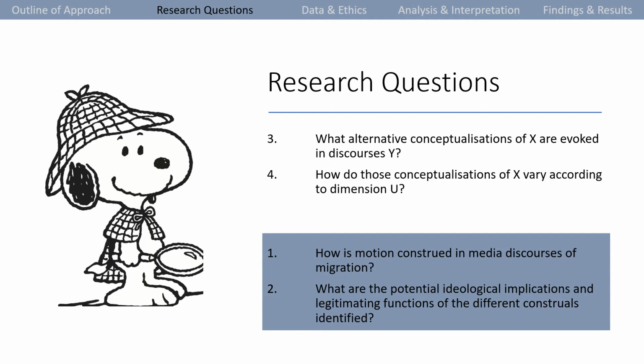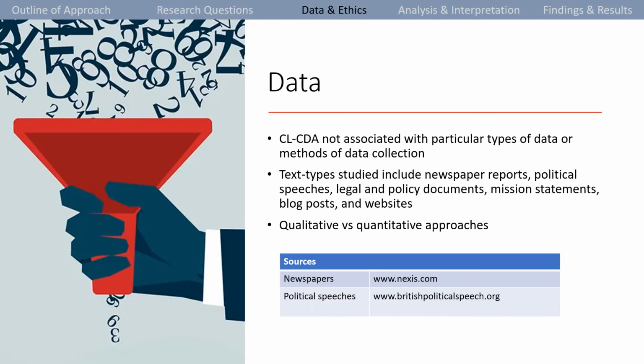The research questions addressed in the case study for this chapter are: how is motion construed in media discourses of migration, and what are the ideological implications and legitimating functions of the different construals identified? Unlike some other forms of discourse analysis, such as those based in ethnography or corpus linguistics, cognitive linguistics CDA is not associated with any particular type of data or method of data collection.